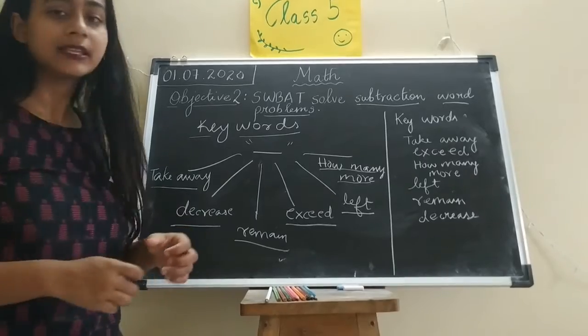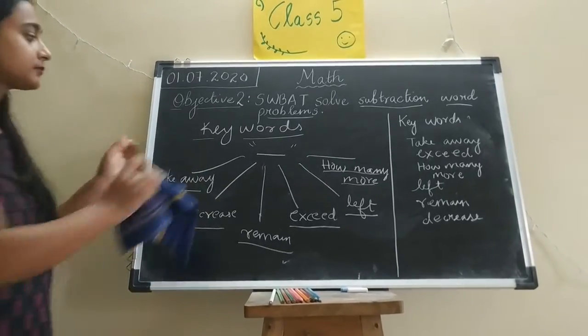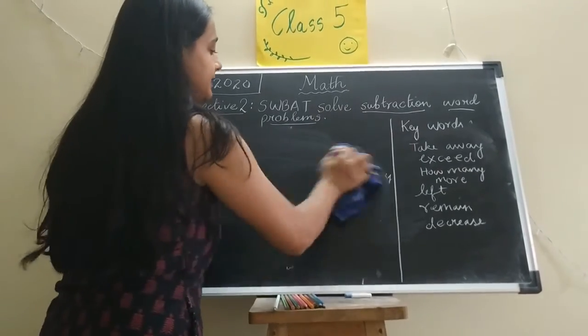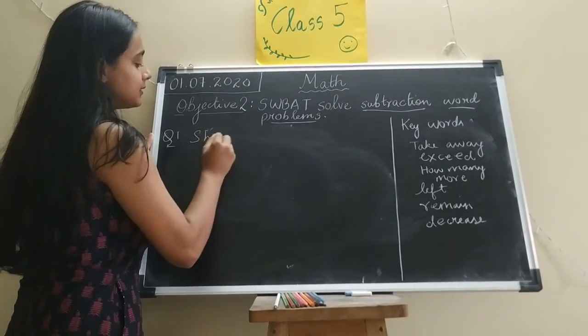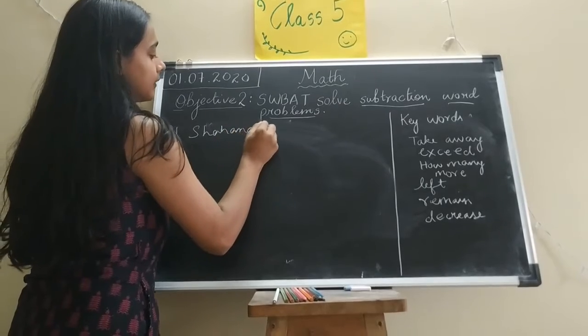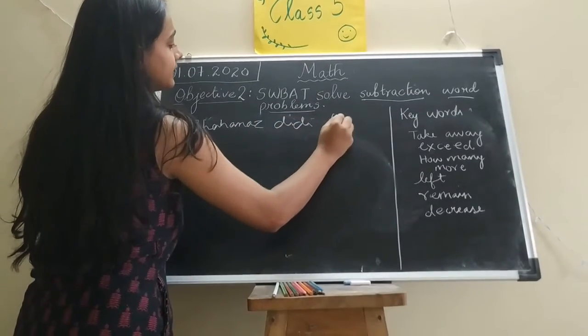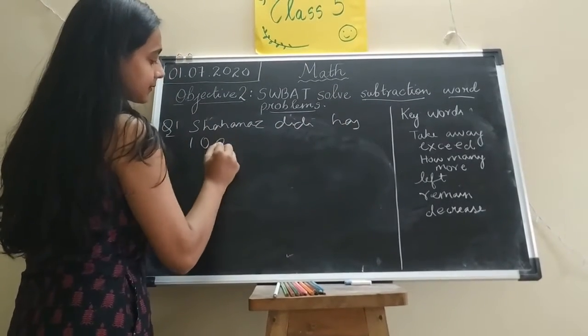So now let's look at some examples. Okay, so let's begin with a question. So Shehnaz Didi has 10 pencils.